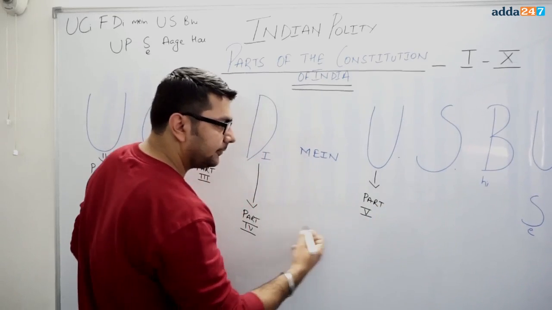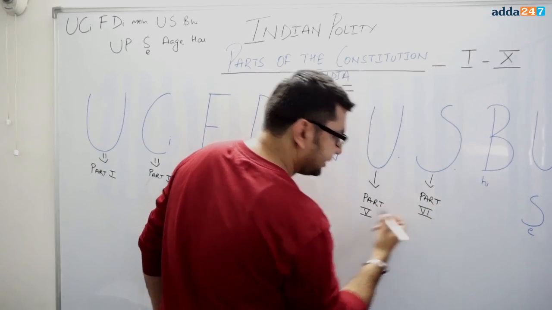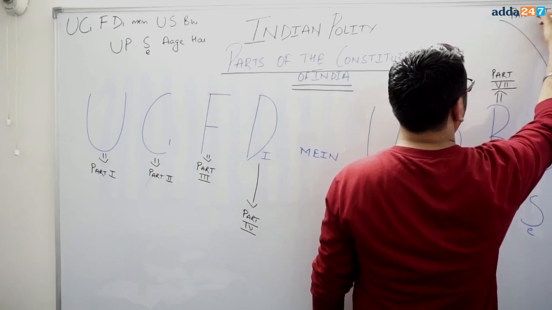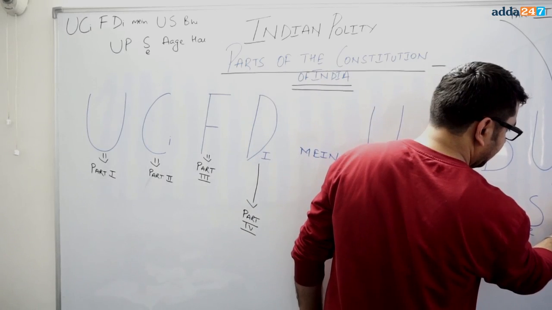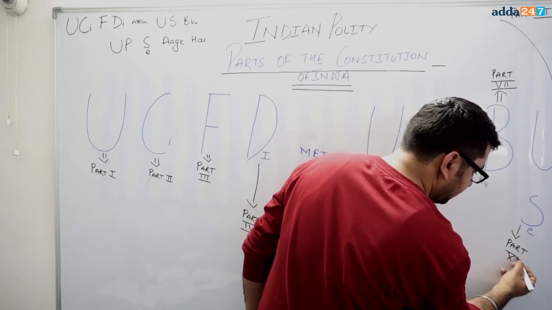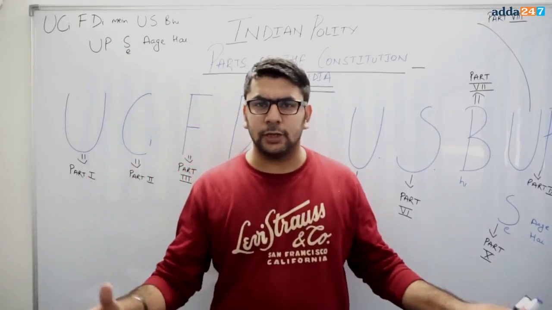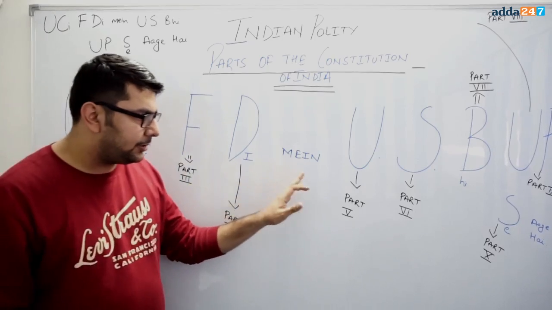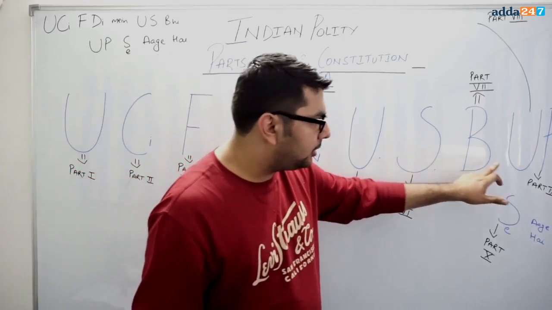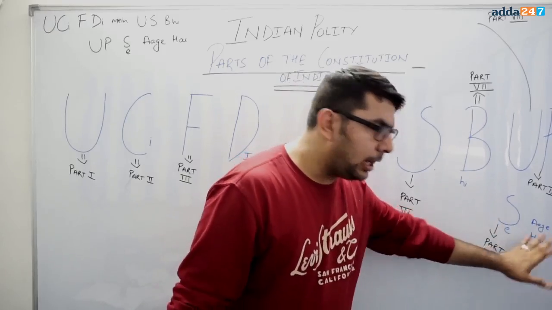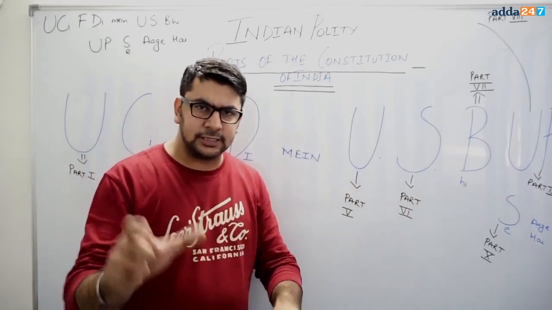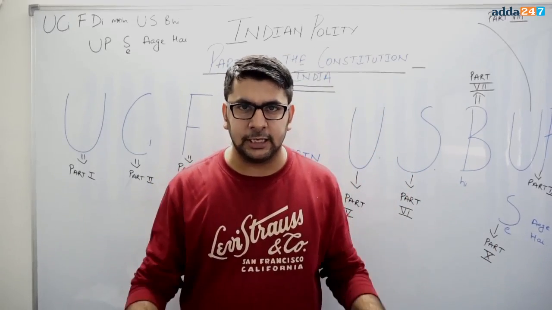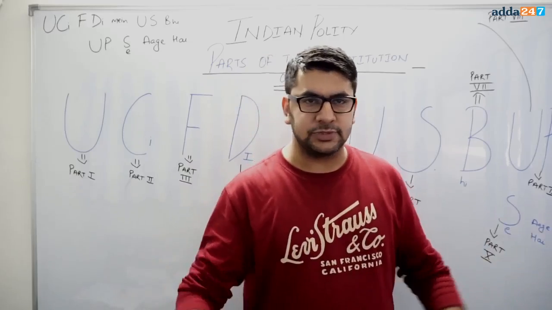Part 5, Part 6, Part 7, Part 8, Part 9, Part 10. So how does the trick go? FDI में US भी UP से आगे है. This is the punchline we'll be using to learn the first 10 parts of the Constitution. So now, what are the names?